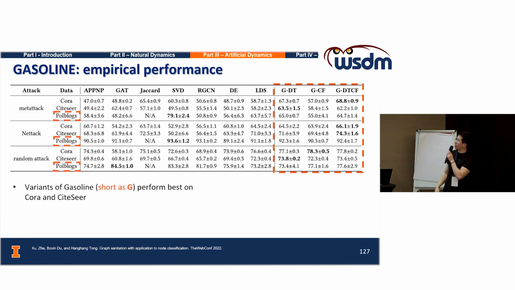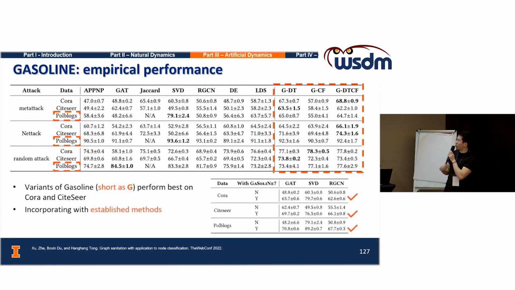And we find that we didn't get the best performance over the PolBlogs dataset. So we try to incorporate our proposed GASOLINE with some model-based methods, such as GAT, SVD, and robust graph convolutional networks. And we find that after our method is incorporated with these established methods, we can still improve their performance, and the merged model can get the best performance among all the datasets.